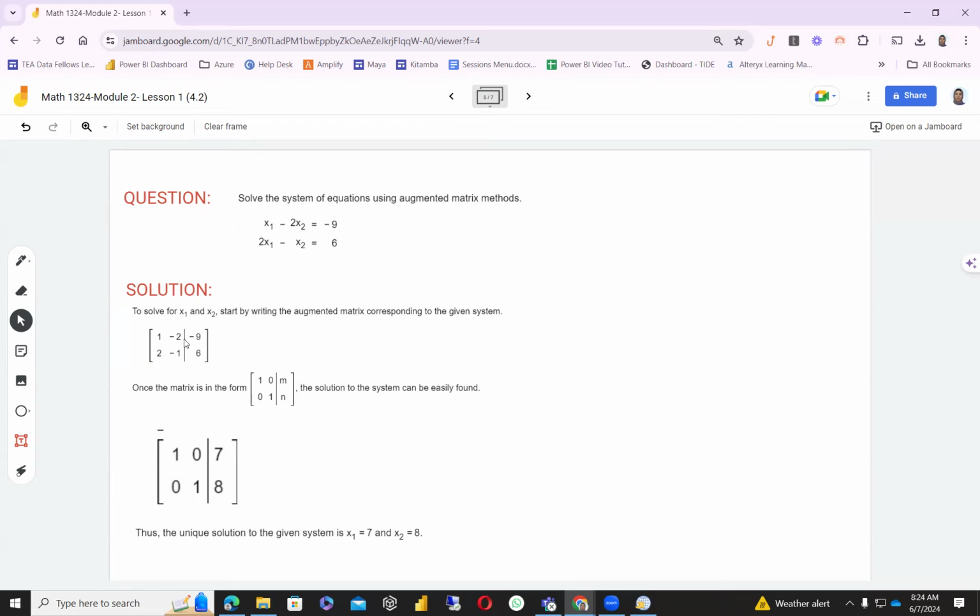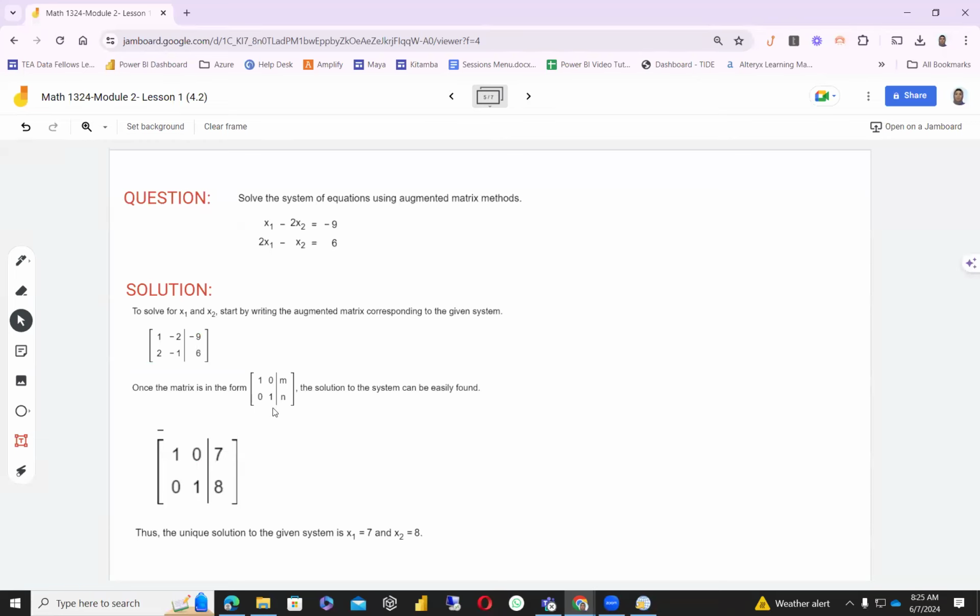Now we're going to perform some row operations to change this matrix to this format. We will get 1 and 0 on the first line, and we will get 0 and 1 on the second line. And whatever numbers show up after the row operations will be the solution for this system. It might take shorter to change these numbers to this format, or it might take longer.